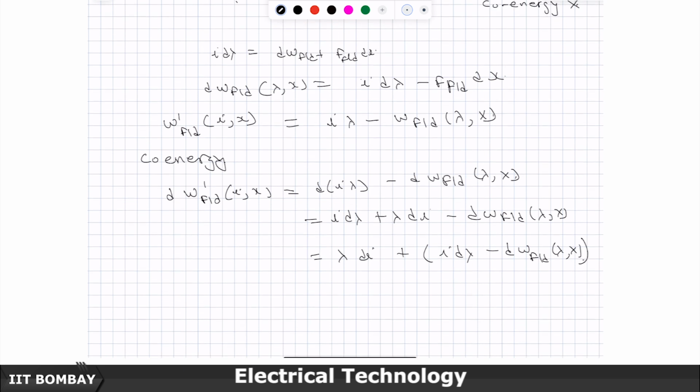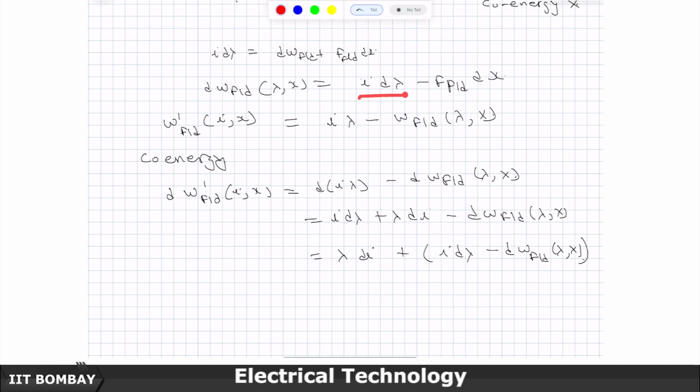Now, can you see from here, I d lambda minus dW_FLD. So, that means this one should go on this side and this one will come back on this side, and then I will get this expression.